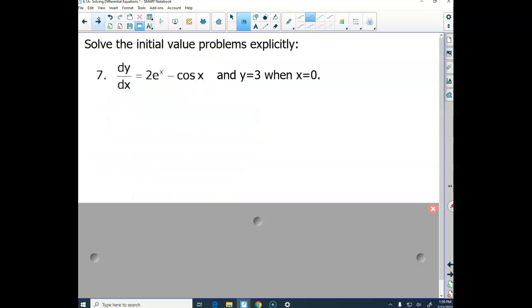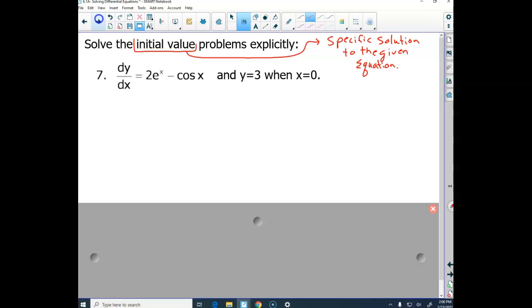Let's go to number 7. Okay? So what we're going to do is, you're going to have chain rules going in through here, okay? So we're going to solve the initial value problem. Solve the initial value problem. That means find the specific solution to the given equation.